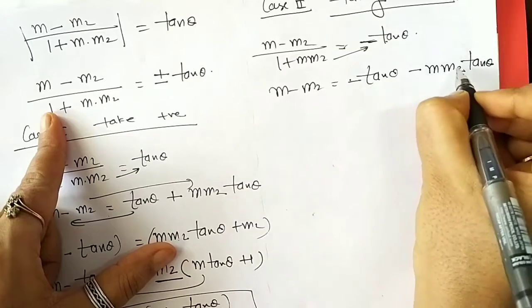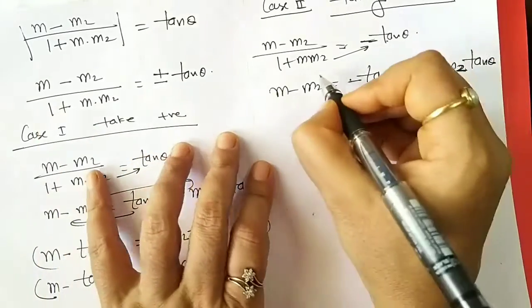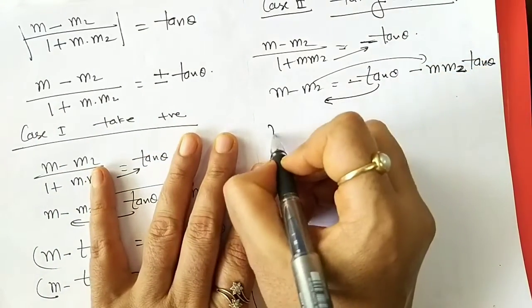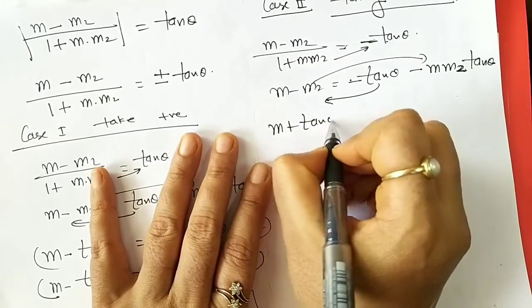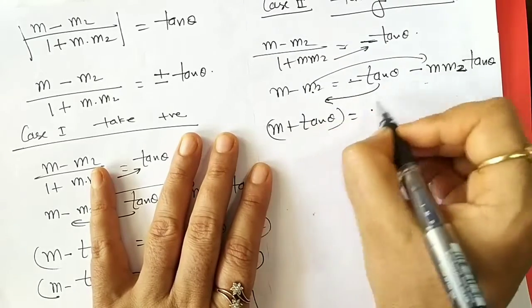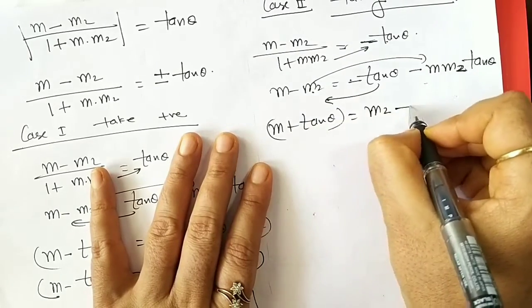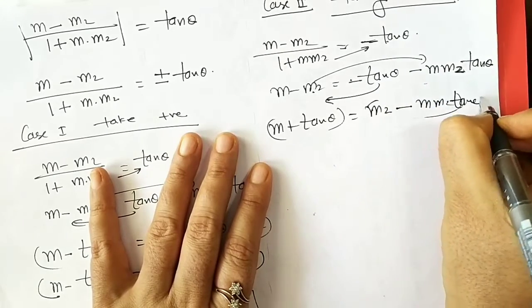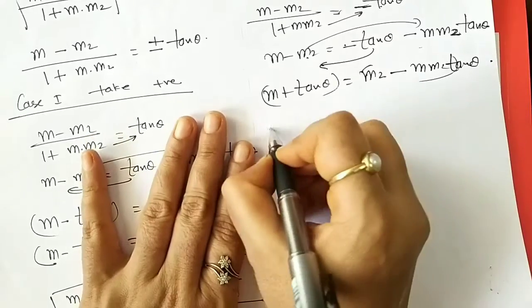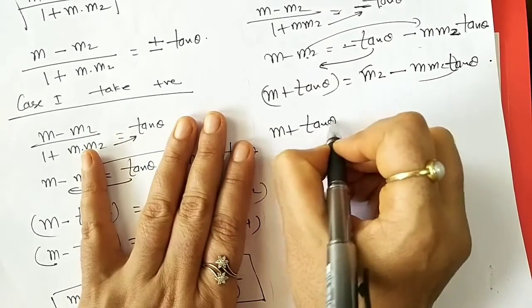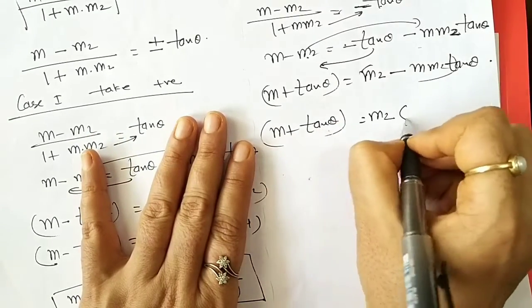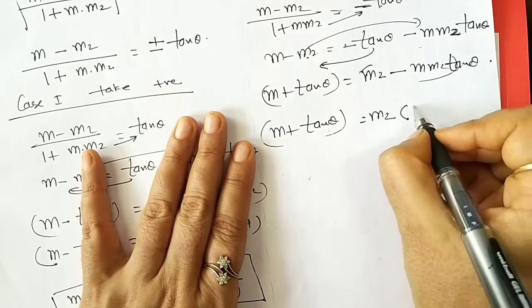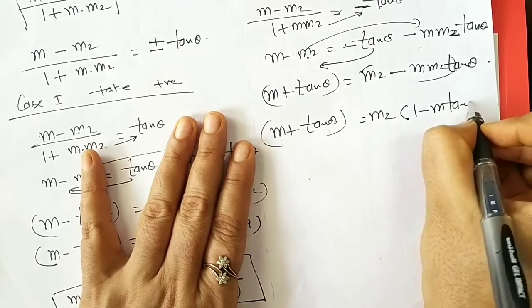My aim is to extract m2, so I will take m2 here and this here. So it is m plus tan theta equals m2 minus m2, I'm sorry, tan theta. Okay, so this is m plus tan theta. I can take m2 common, so I am getting 1 minus m tan theta.